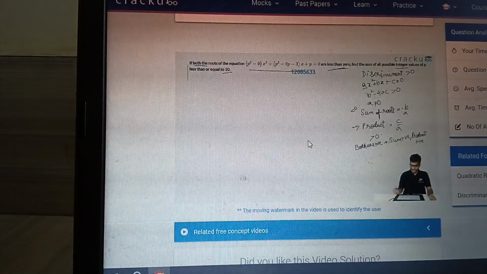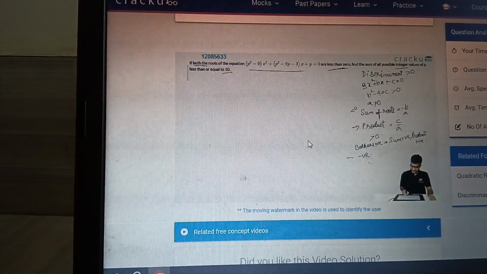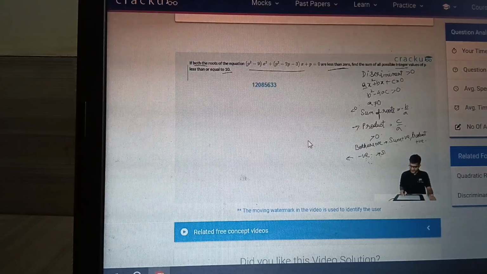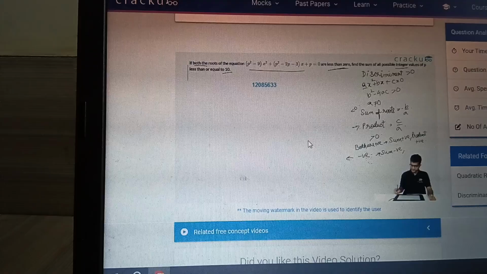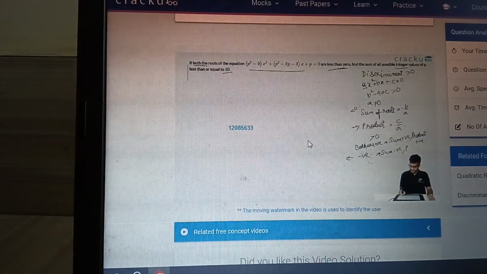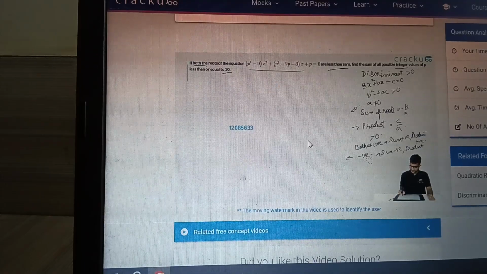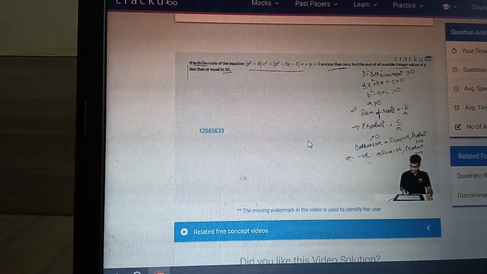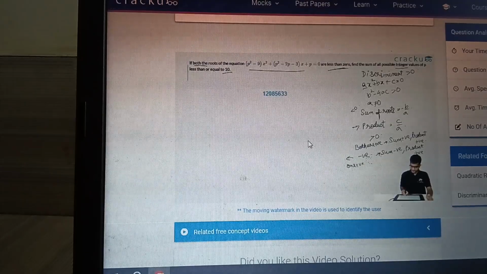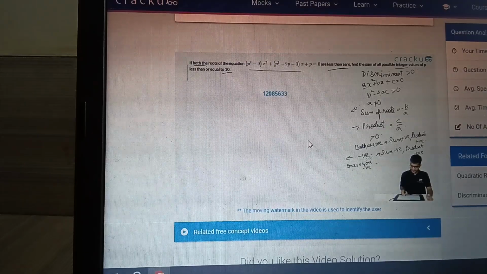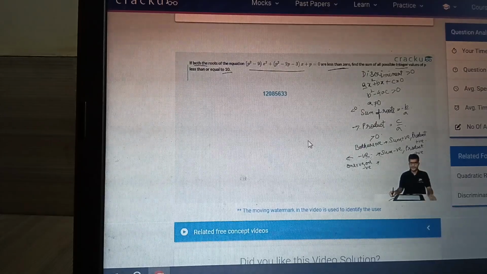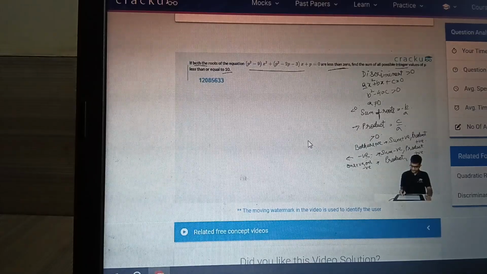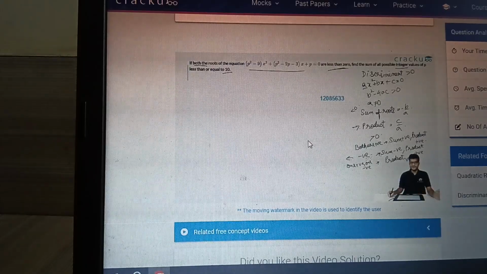If both the roots are negative, which is what we are required to find out in this particular case, the sum of two negative numbers will be negative and the product of two negative numbers will be positive. If one of the roots is positive and one of the roots is negative, the sum can be either positive or negative, but the product will definitely be negative. This is the theory which we will use to solve this question.